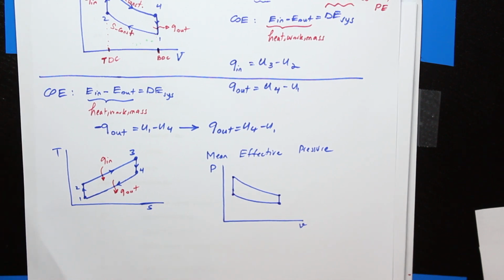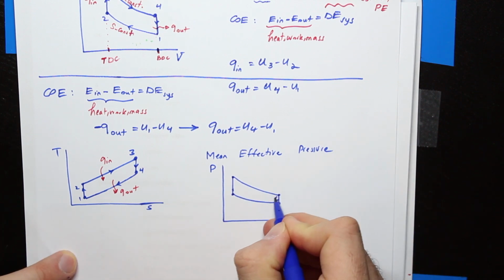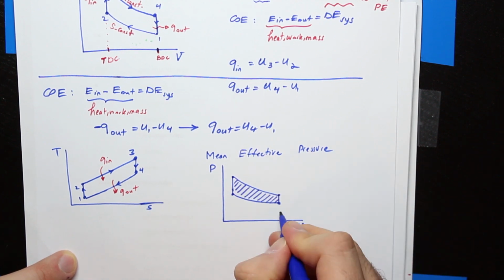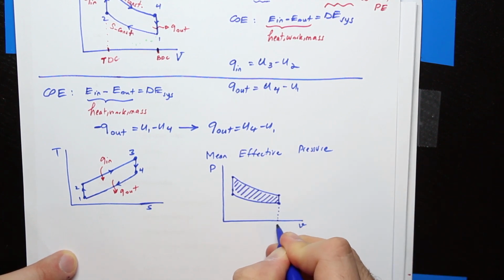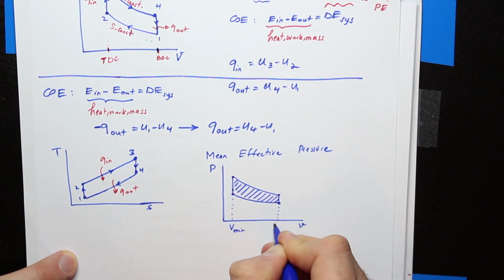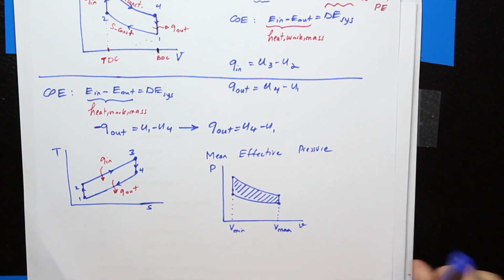Now, the mean effective pressure is a pressure that gives us the same area. This area is W net, or the net work, right? And this is the V max and this is the V min. So minimum volume within the cylinder, maximum volume within the cylinder.